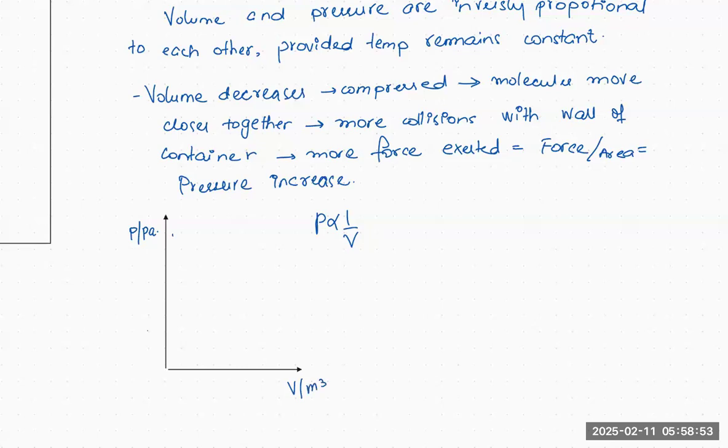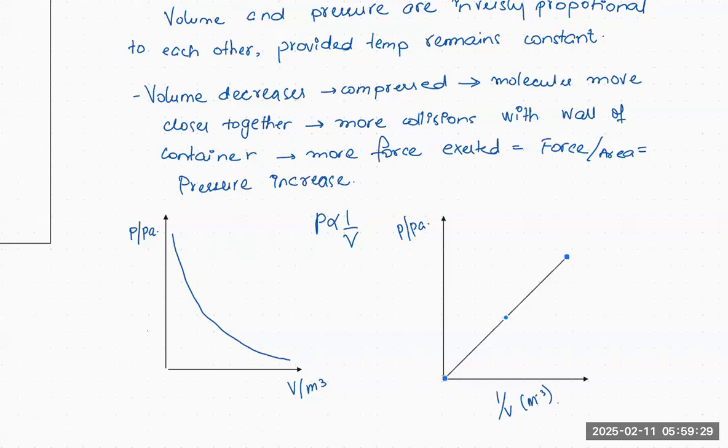Or I can make a graph like this. On the y-axis, I can put pressure in Pascal, and on the x-axis, instead of putting volume, I can put 1 upon volume. If I put 1 upon volume, then I will see a straight line. Why? Because pressure is proportional to 1 upon volume. So if I put volume, I will get a curve. If I put 1 upon volume, then I get a straight line.